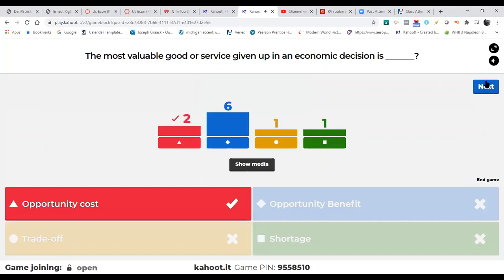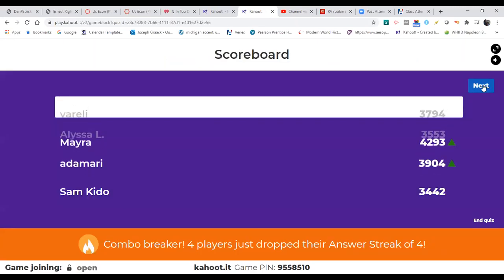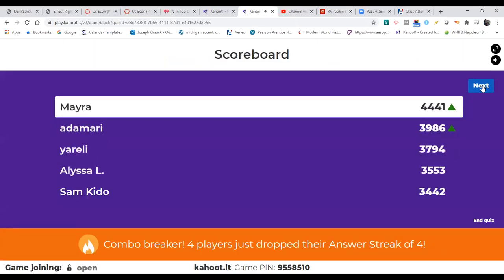Opportunity cost. Most valuable good or service given up in an economic decision is opportunity cost. Let's say that you have $5 and you're going to pick between Subway and McDonald's. If you pick Subway, that's what your economic decision was. Your cost was McDonald's. Another new leader, Myra.